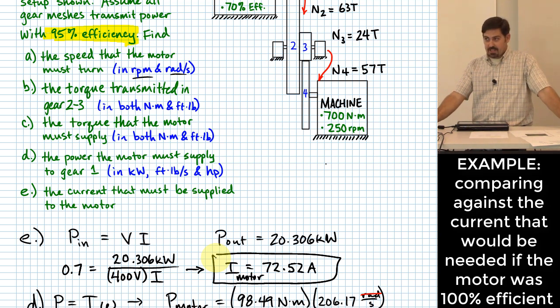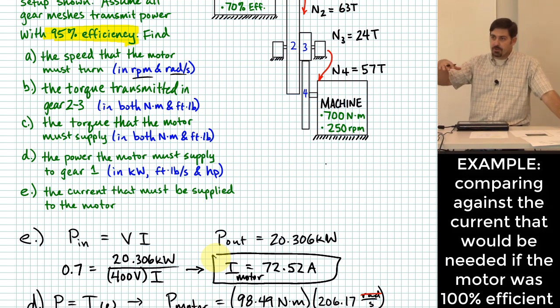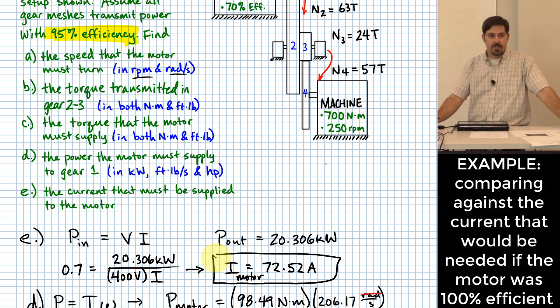So that efficiency really gets you, because the amps is basically what changes as you supply more or less energy to a real electrical device: your current either increases or decreases. Because usually, at least for most electrical supply kind of things, they very often will receive a constant voltage.